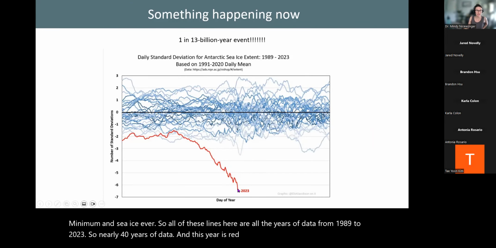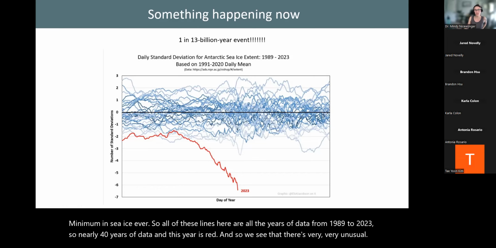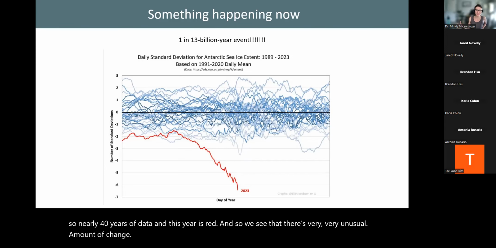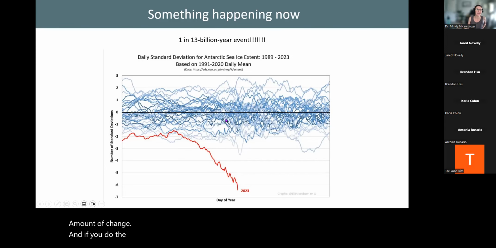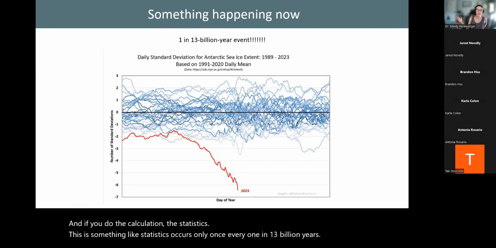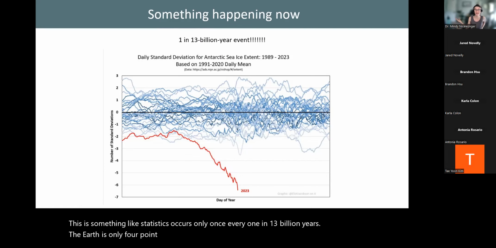And so we see that there's a very, very unusual amount of change. If you do the calculation, the statistics, this is something that occurs only once every 1 in 13 billion years. The Earth is only 4.6 billion years old. So this is really amazing.